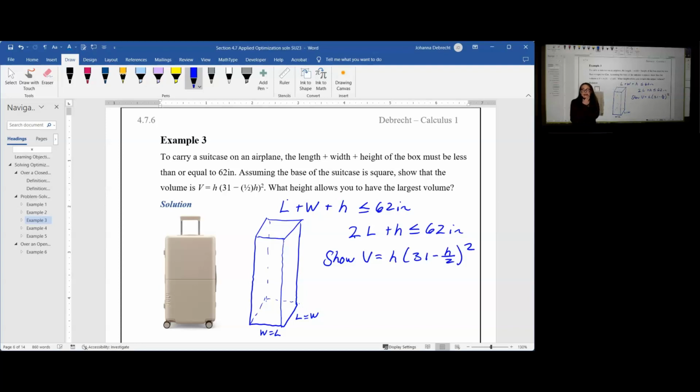Well, that must mean that I left height in the equation and that I took L out of it and W. Then it says what height allows you to have the largest volume. It's not the height I'm trying to optimize. I'm trying to optimize the volume by maximizing it. So I want to maximize volume, but I want to find the height that makes that possible.